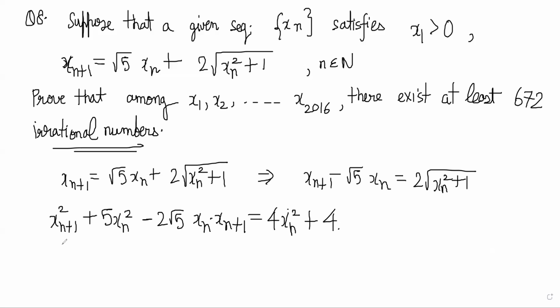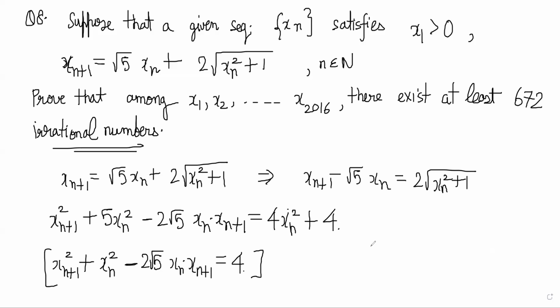So we bring everything to one side, and we are getting (x_{n+1})^2 + x_n^2 - 2 root 5 x_n x_{n+1} = 4. This is the condition that we are getting so far, right?